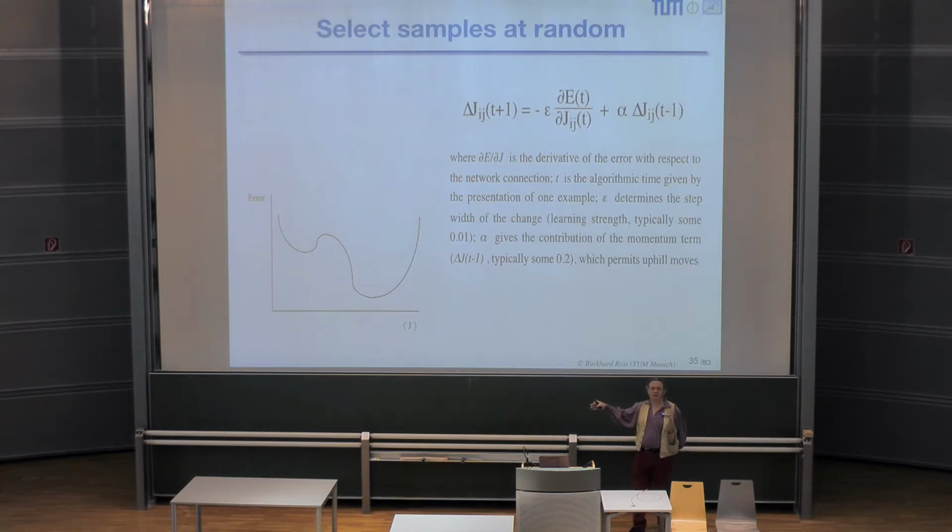Go downhill. Now, you could, again, machine learning in textbooks says do a sum over all your samples and determine the way you go down according to that sum. In practice, that doesn't work. You never have, so previously there was somebody here in the room who was very worried about CPU time for that thing.